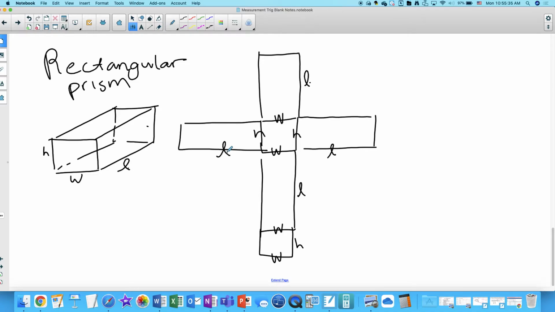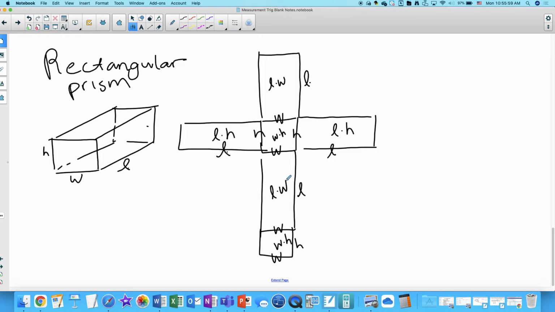This guy would be width times height. This is also width times height in terms of its area, because you multiply the two sides together, right? This is length times height. And this is also length times height. And then these guys are length times width and length times width.